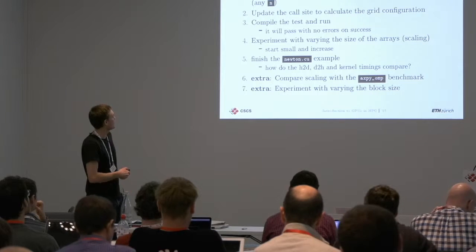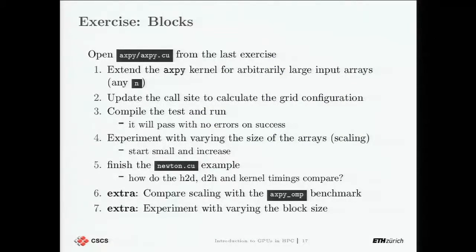So we now have the next set of exercises. These exercises are basically to start off with taking our little AXPI kernel that we wrote before and extending it so it works for arbitrarily large values of n, which will require updating the kernel, then updating the call site, also calculating the grid dimension, and then testing it.